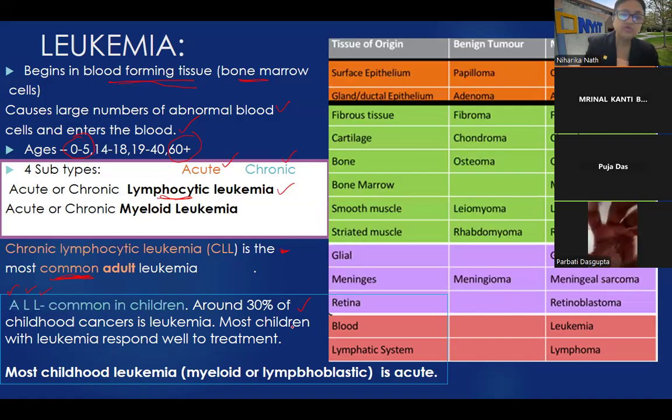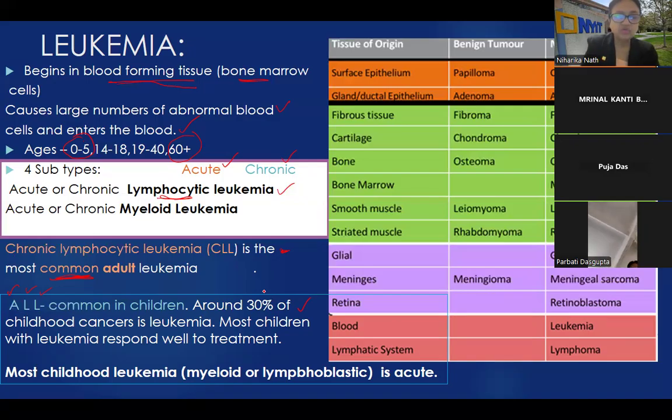I don't know if it's curable, but it is treatable. It can maybe recur after 40 years of age, but this childhood leukemia, at least in Western countries, is pretty much treatable, and that's the good news.